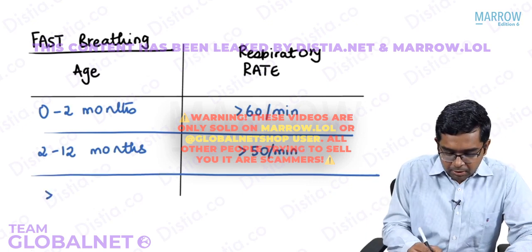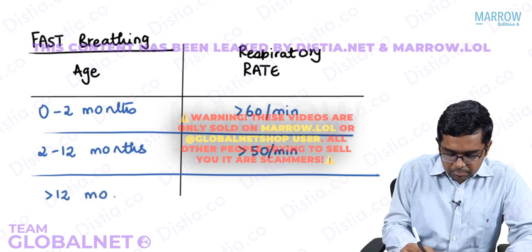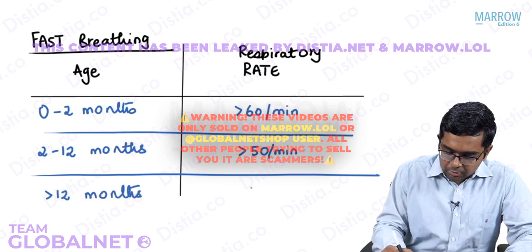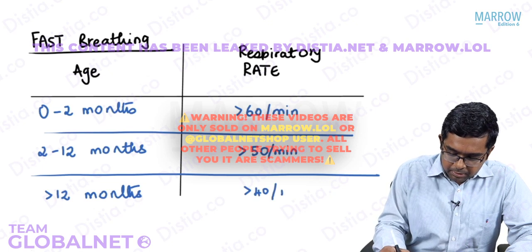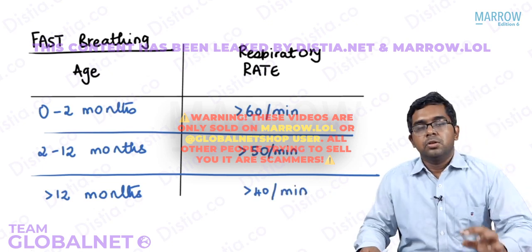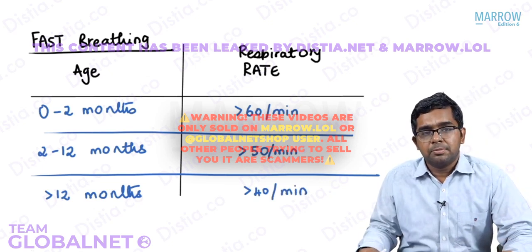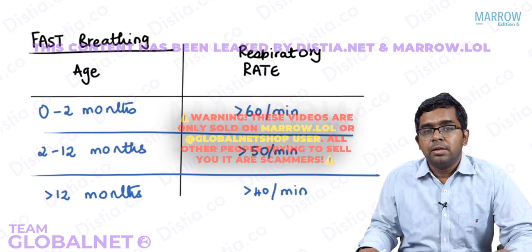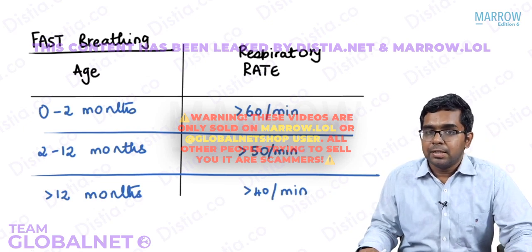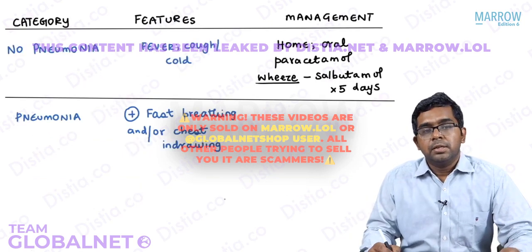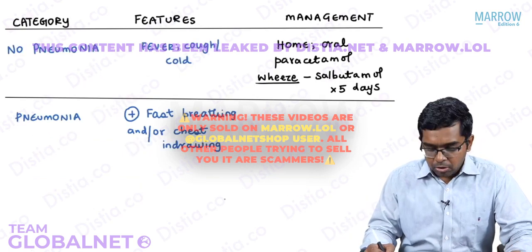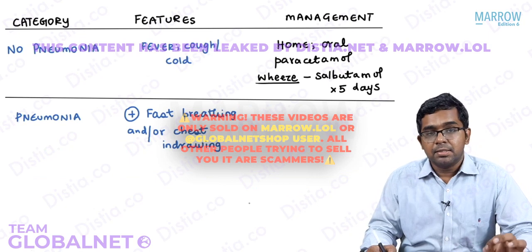If the child is after 12 months of age, then more than 40 per minute is considered fast breathing. So while telling about the criteria of fast breathing, it is very important that you interpret according to the age of the child. Okay, so fast breathing and or chest indrawing will be considered as pneumonia.